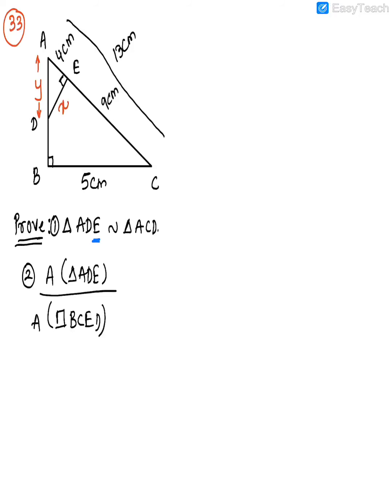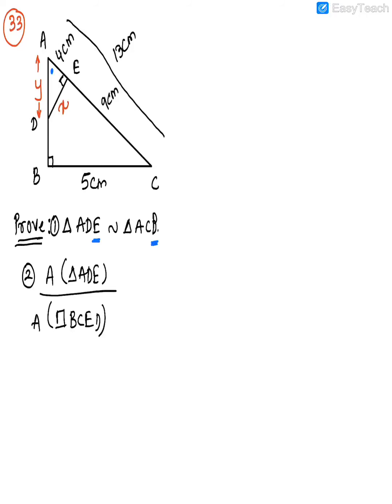Now we'll start with the statement. So what will you write first? We'll specify the triangle first, that in triangle ADE and triangle ACB. First point, angle A is equal to angle A. Reason, common angle. Number 2, statement that angle AED.